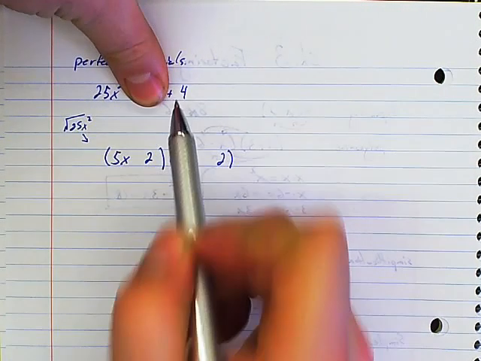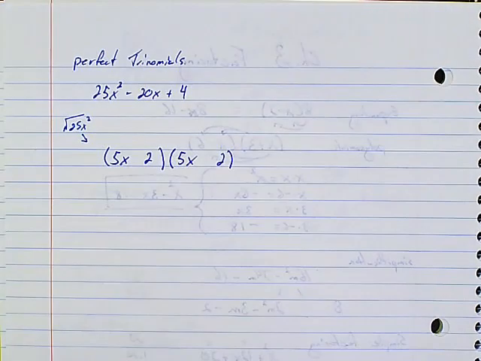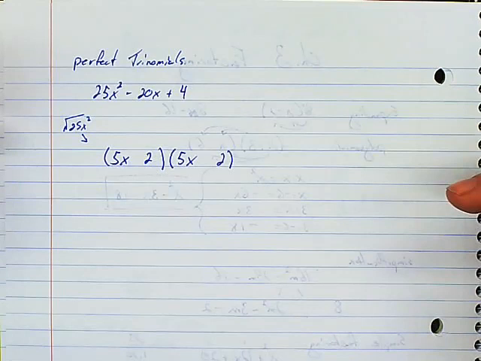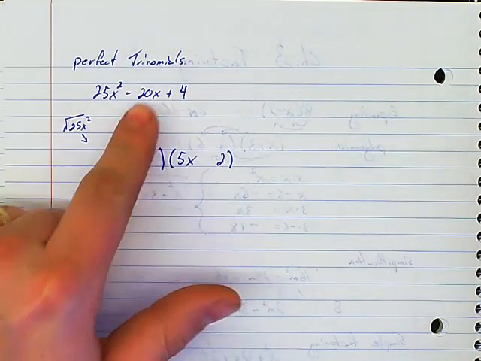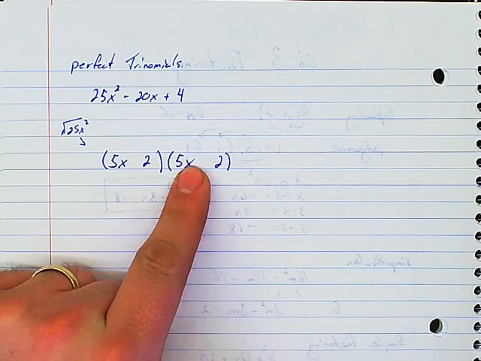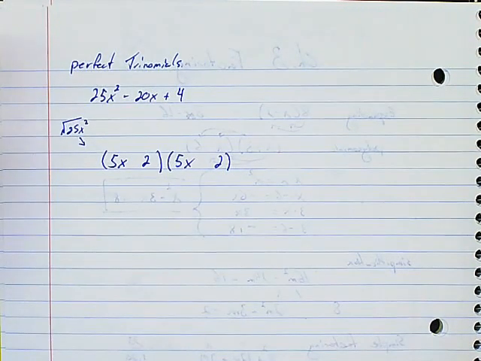What's the square root of 4? 2. Now, the trick with these ones is figuring out, we don't deal with the square root of 20x. We're just looking at the first and last term. The trick is realizing if it is negative times negative, positive times negative, or positive times positive. A couple of key factors here.